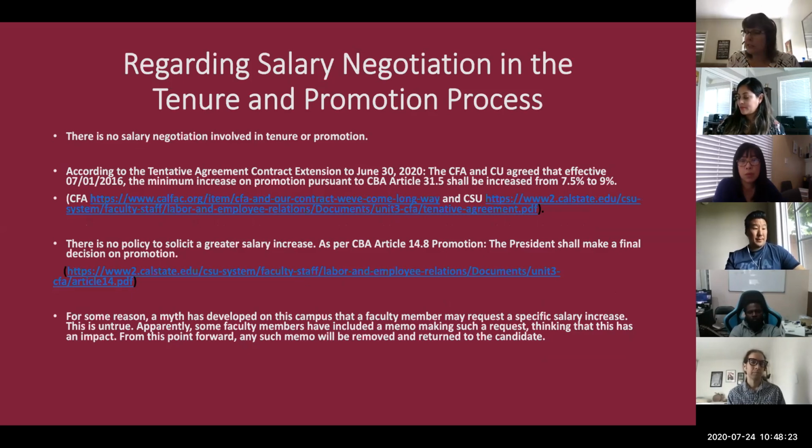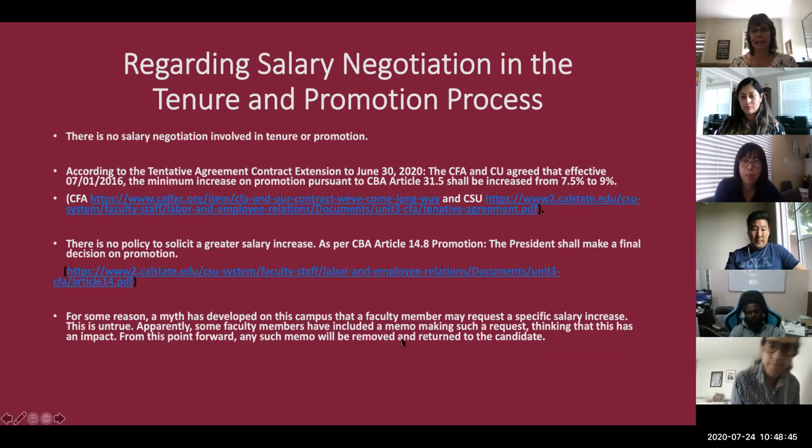This is just good to know for the future, and you will have a new contract. Currently, we are in a contract extension period because of the whole COVID thing. There was supposed to be a new contract this coming year, so that is proceeding on the labor relations front.